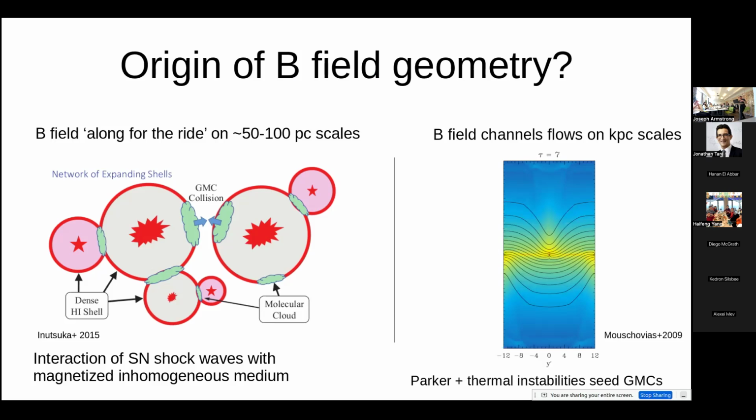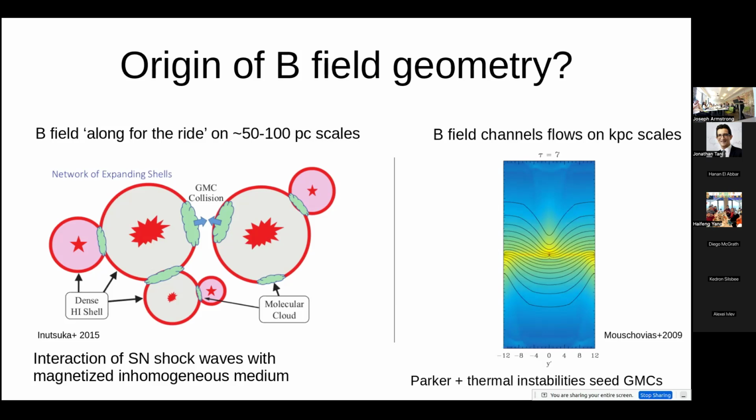If, for example, molecular clouds form predominantly by collisions, maybe driven by supernovae and other types of stellar feedback, you would expect the magnetic field to perhaps lose its coherence over a larger scale.